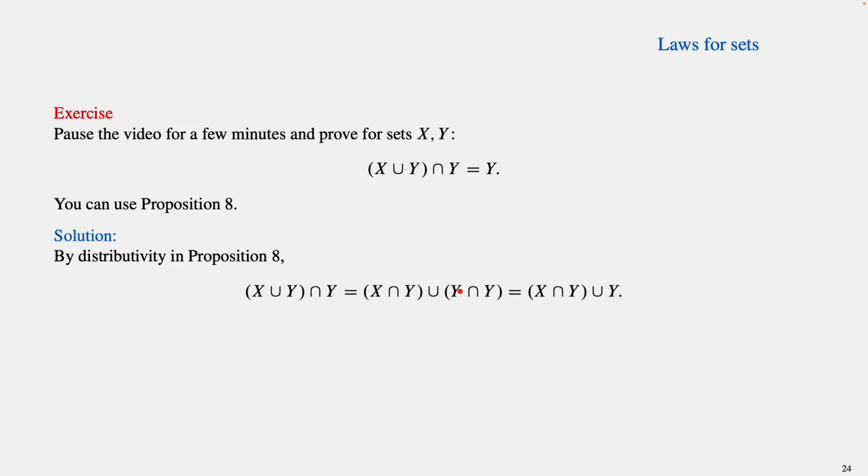So I could replace this one just by Y, and that's what I do here. So our original set is the same as X intersection Y, union with Y.